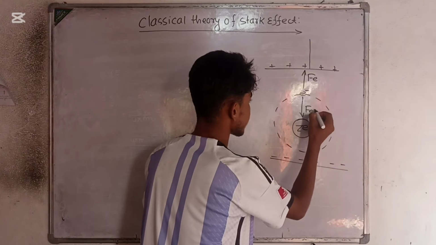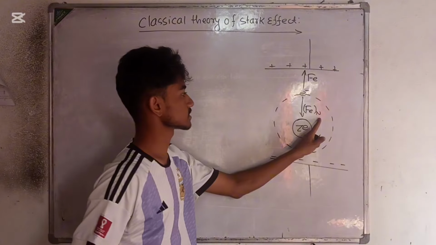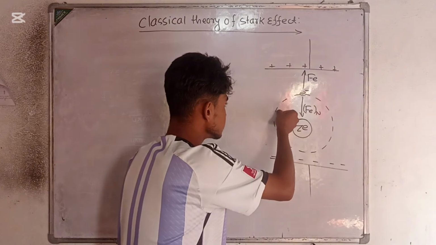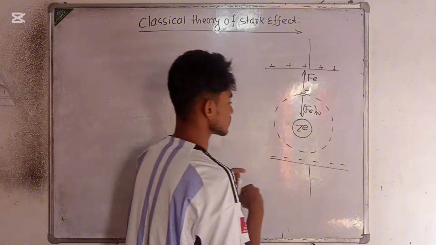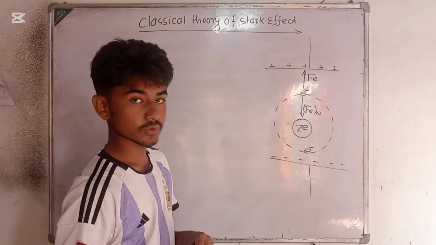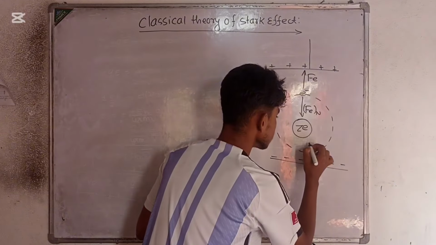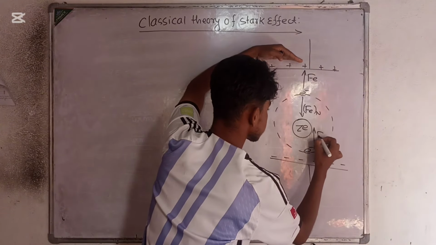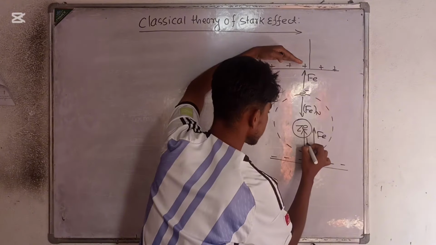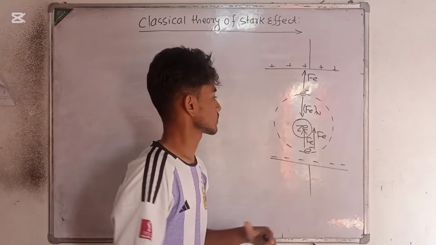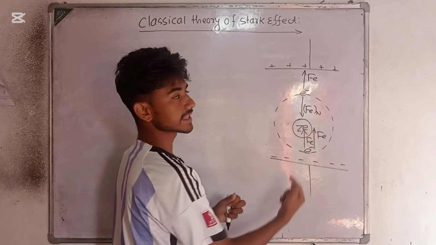Let's say this is Fen, the electrostatic force due to the nucleus. When the electron is revolving and reaches up to here, the external electric force would again be in the same direction, and the nuclear force would be in this direction.